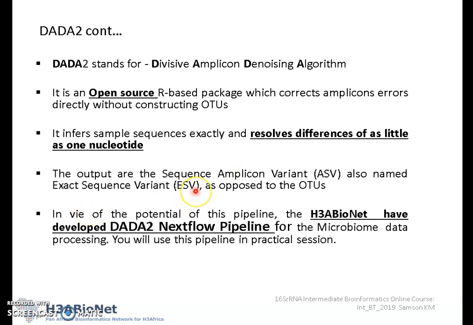The output of DADA2 is amplicon sequence variants, also named exact sequence variants, as opposed to OTUs. So there is no clustering of OTUs at 97% as we do in other approaches. Here all the sequences are judged independently, and when they are compared, the comparison is between one sequence and another as a function of the nucleotide, not clustering them.